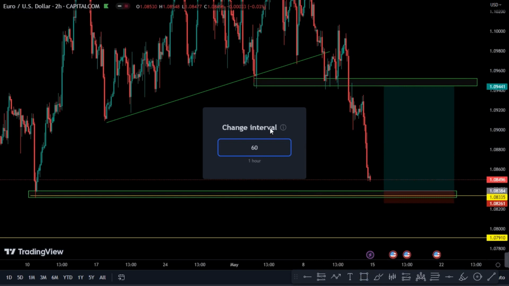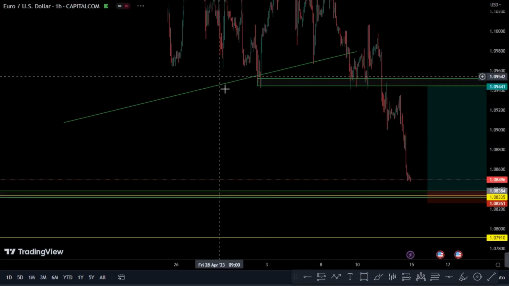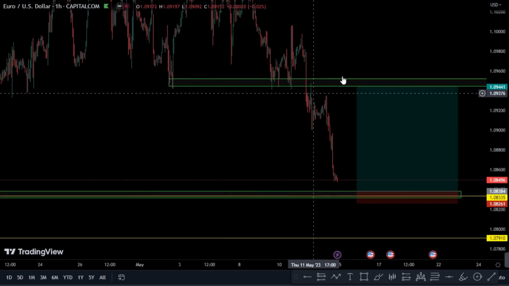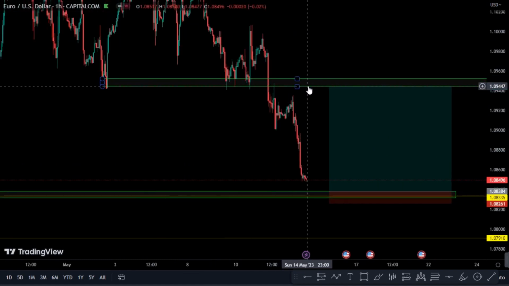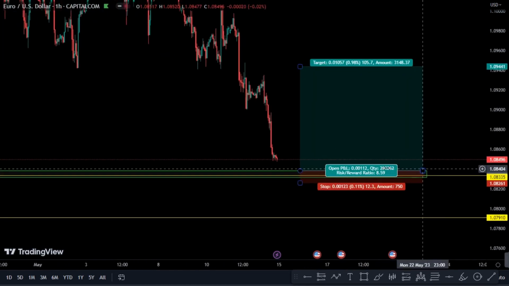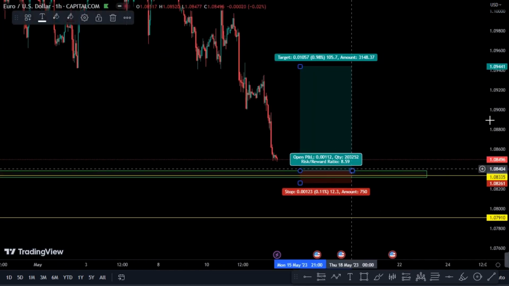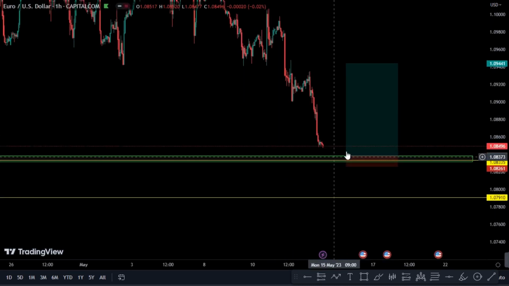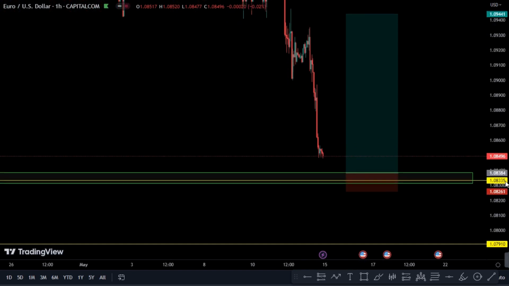Then switch to the 1 hour time frame. Let me just remove this, and this as well. At this point, it's just a matter of a waiting game. We have to be patient for the market to reach this area and see how it reacts.